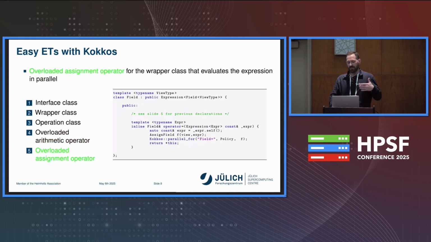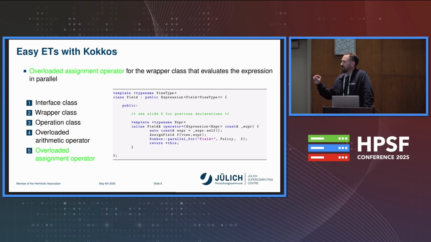Now, the last ingredient, which is not actually part of the original EasyET, but this is specific to Kokkos, is we need to have an overloaded assignment operator. Now, this is where we're going to perform this in parallel with a parallel for. And again, we have this call to the downcast function.